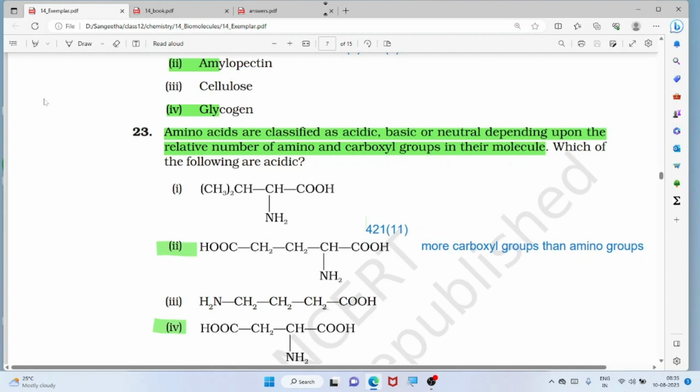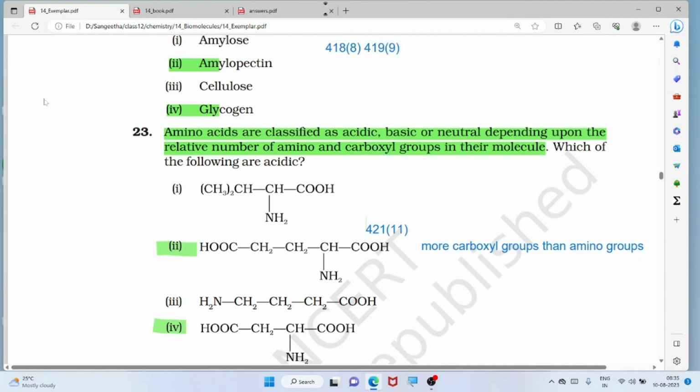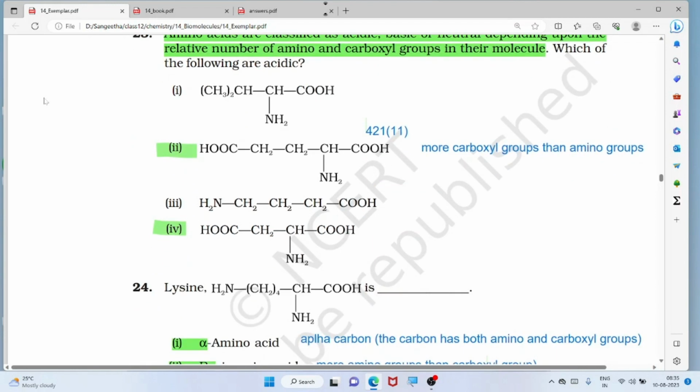Amino acids are classified as acidic, basic and neutral depending upon the relative number of amino and carboxyl groups. Which of the following are acidic? Acidic means more carboxyl groups than amino groups.